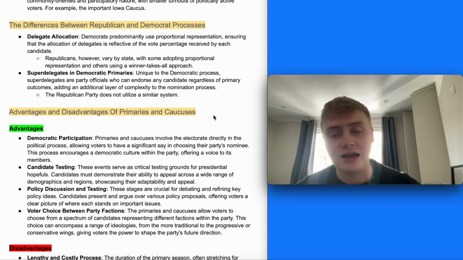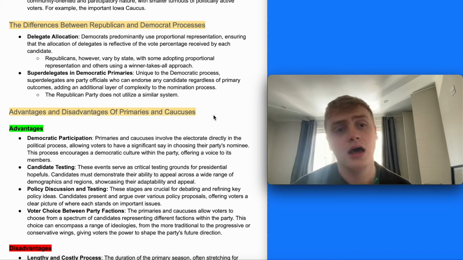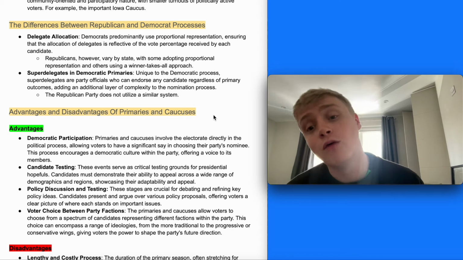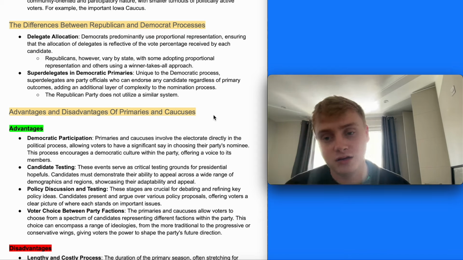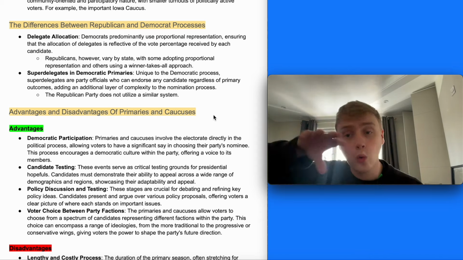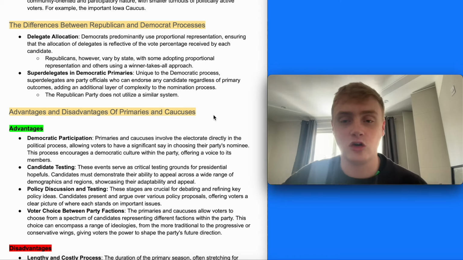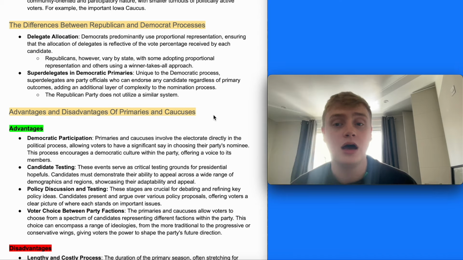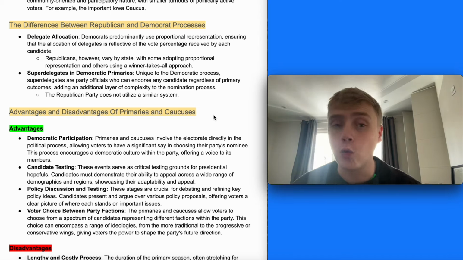So for example, if we take the New Hampshire primary, let's say in 2016, Hillary Clinton got 60% of the vote and Bernie Sanders got 40% of the vote, Hillary Clinton would get 60% of the delegates, and Bernie Sanders 40% of the delegates. And eventually, after all of the primaries and caucuses, the delegates get tallied up, and the winner is the nominee. Whereas with the Republicans, if Trump got 60% and Cruz got 40%, for example, Trump would get all of the delegates in that state.